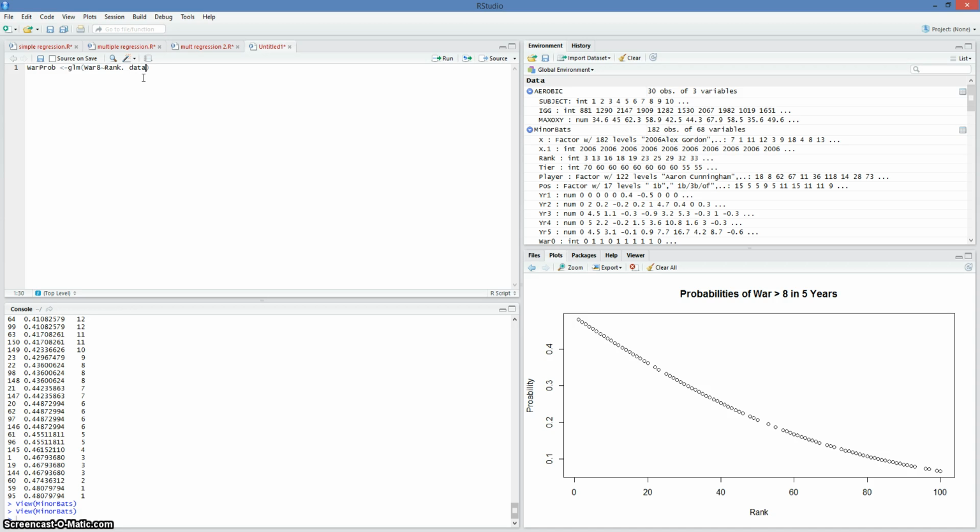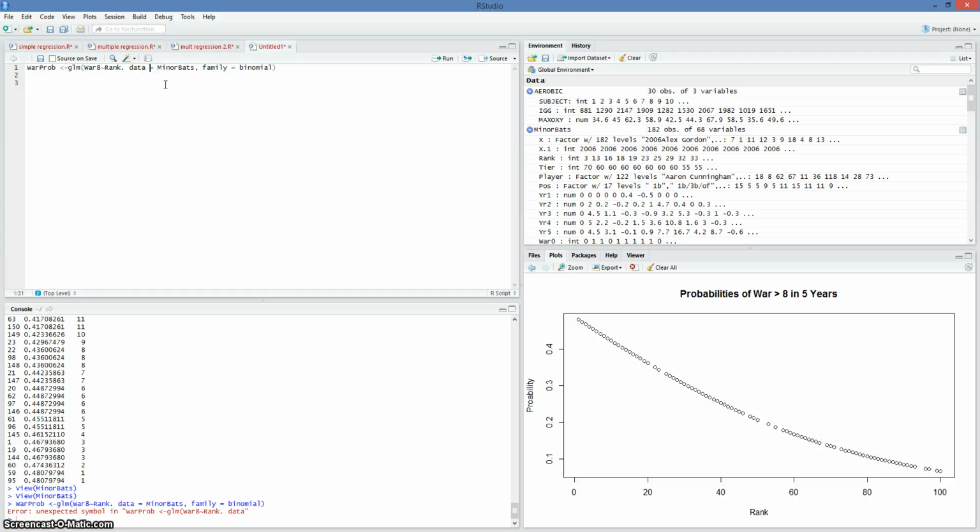And we're going to use this data, which I have called minor league bats. It's important that since we're measuring binomial variables, we specify this with binomial. So we'll go ahead and run this.